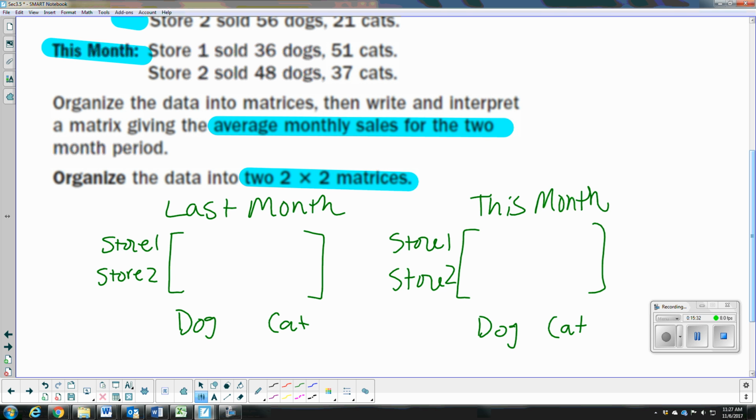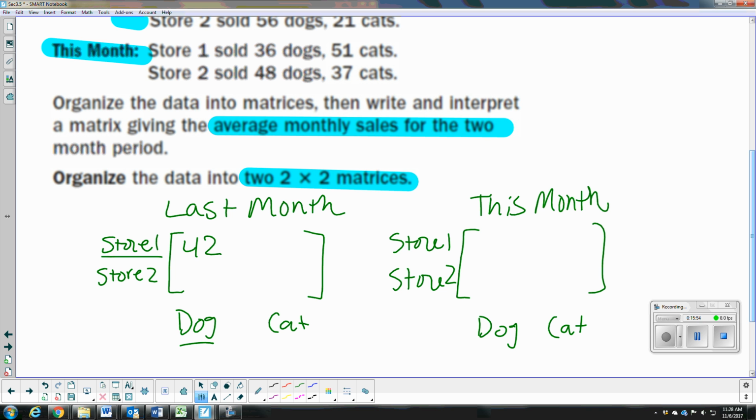Okay, so last month and this month, our rows are our store numbers and our columns are our animals. So last month, store 1, they're dogs. So store 1, dog, that's our first row, first column. We had 42.